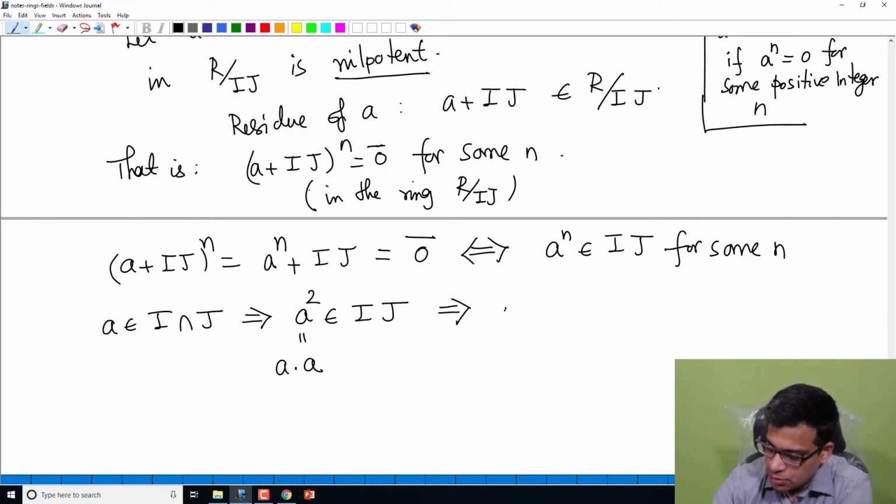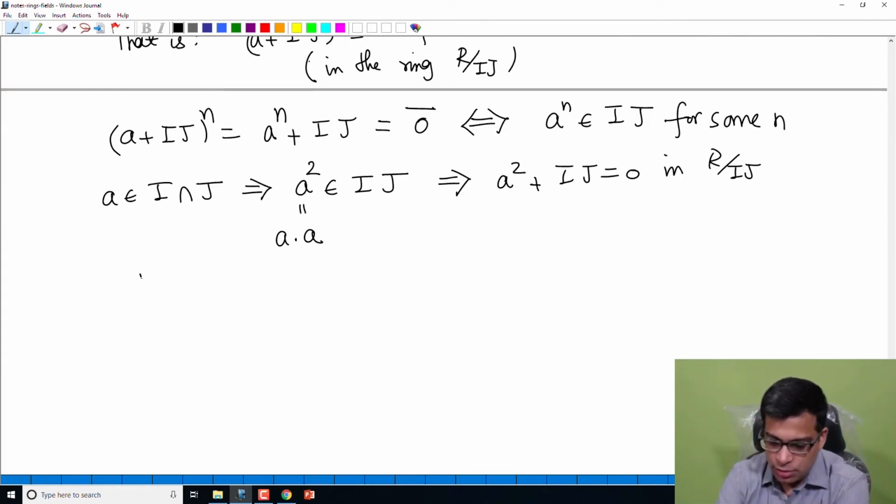That means A squared plus IJ is 0 in R mod IJ. Hence the conclusion is A bar is nilpotent in R mod IJ.